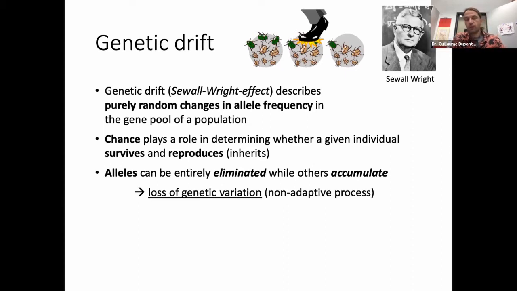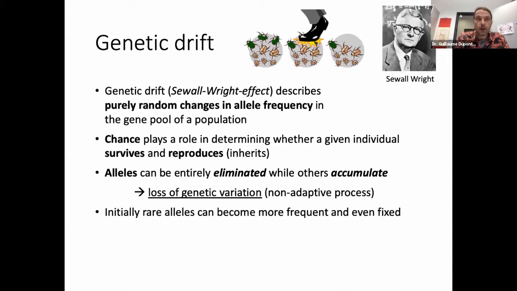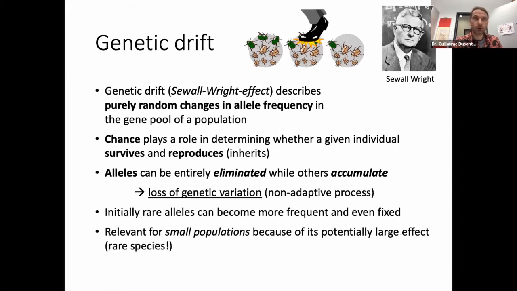Individuals which are theoretically well adapted could just go extinct due to random processes. And thereby initially rare alleles could become more frequent or even fixed in a population which survives. So it is very relevant for small populations, because genetic drift can then have a very large effect.